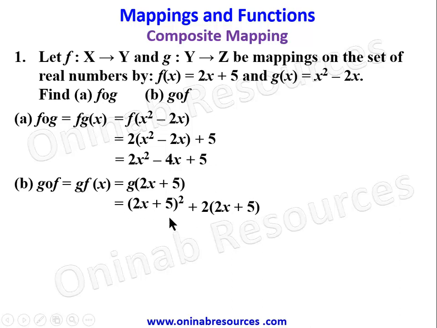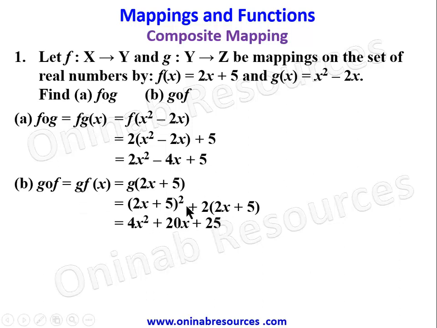So expanding this bracket, the method is to multiply 2x by 2x. That will give us 4x squared. Then we multiply 2x by 5, which will give us 10x. Then multiply by 2 will give us 20x. Then you come to the second term and multiply it by itself to give us 25.